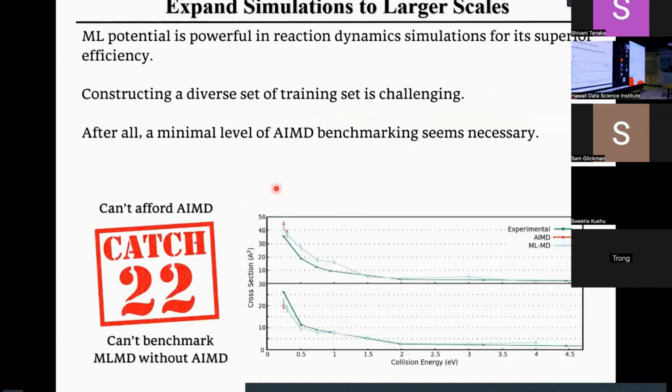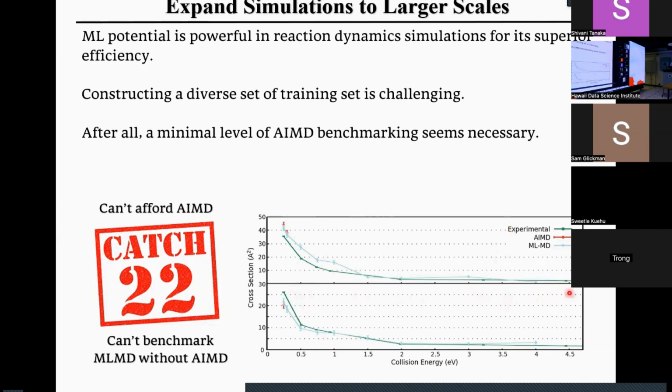So here, this is a kind of a catch-22 problem. If you have a large system, you can't afford AIMD, then you don't know the ground truth. If you don't know the ground truth, you can't really run your machine learning MD and say whether you get any good result or not. That is what we're working on. We made some progress. But I do want to say, if you look at this curve, this dark green is the experiment. It ran this same reaction at different collision energies.